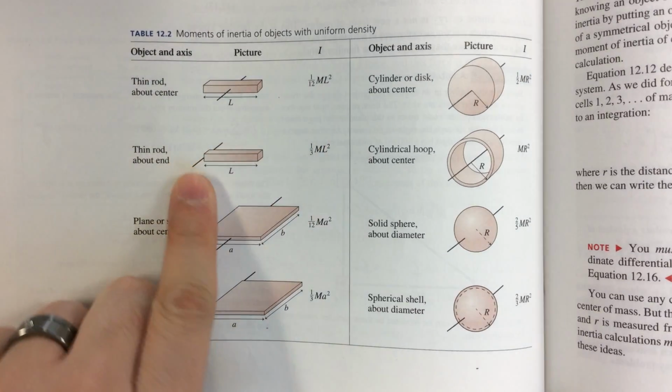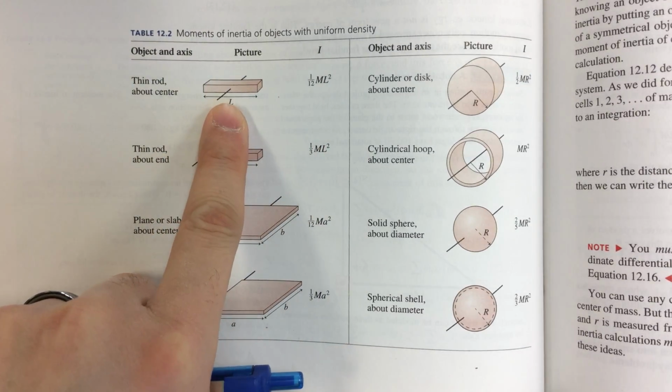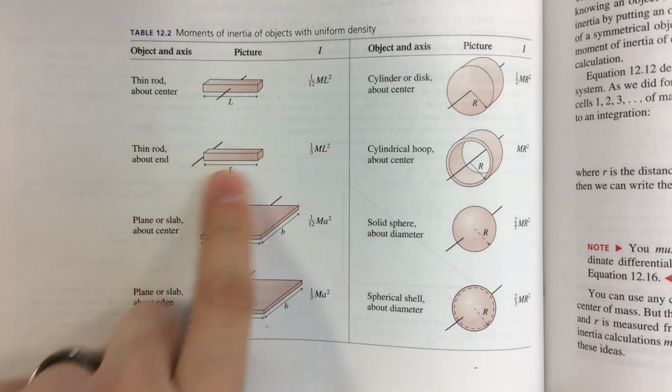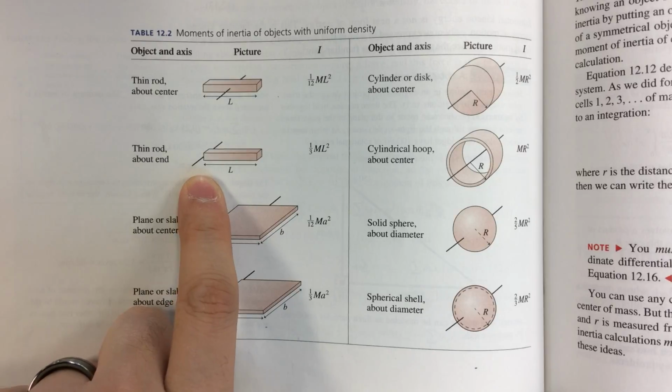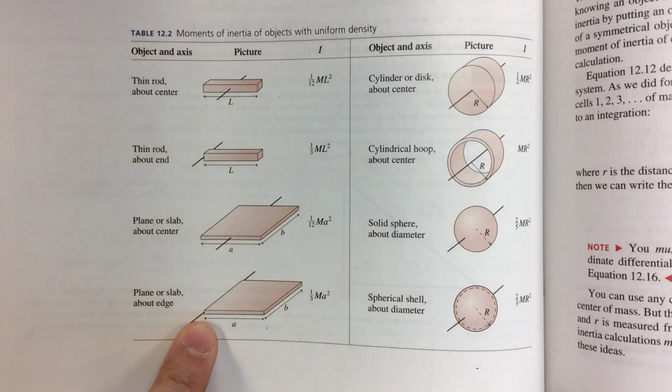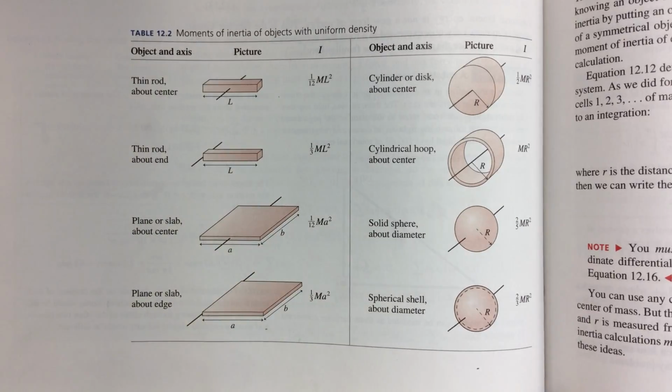Same thing here. The difference between spinning it around the center and spinning it around the end, you get 4 times as much moment of inertia. And same thing, compare this plate versus spinning it at the end of the plate. Again, you get about 4 times as much.